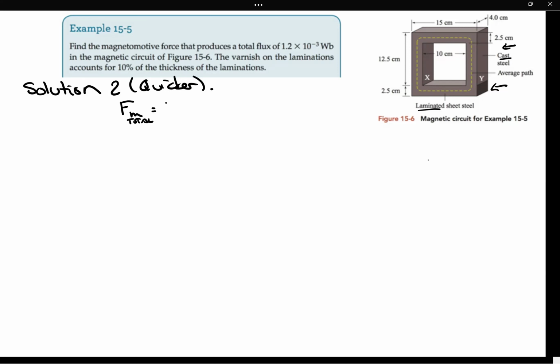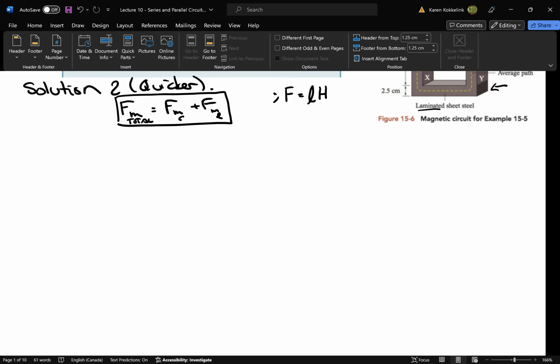The total magnetomotive force is the magnetomotive force of the cast section plus the magnetomotive force of the laminated section. And we know that magnetomotive force is the mean path length times magnetic field strength. We're going to exploit that relationship that is actually very rarely used.